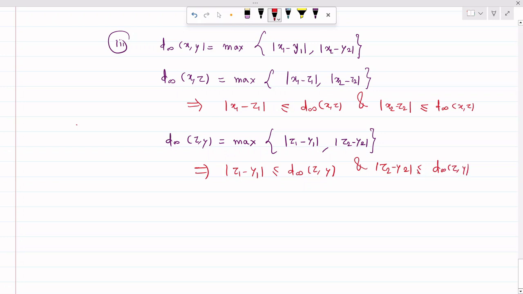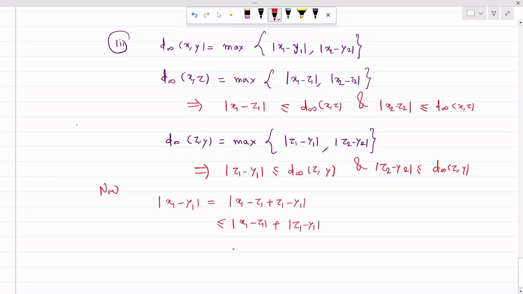Okay, so now what is mod of x1 minus y1? Mod of x1 minus y1 is actually equal to mod of x1 minus z1 plus z1 minus y1, but that is less equal mod of x1 minus z1 plus mod of z1 minus y1.